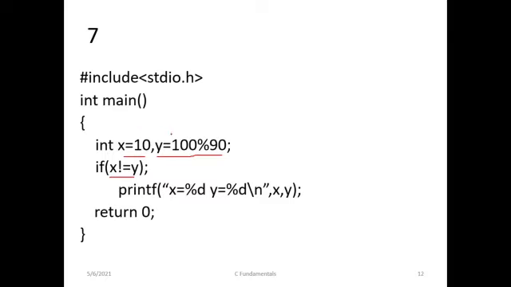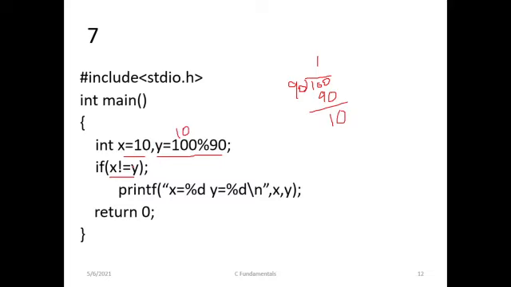X is 10. And y, what will we get? 100 modulo 90: when 100 is divided by 90, you will get 10 as the remainder. Correct? So y is 10.